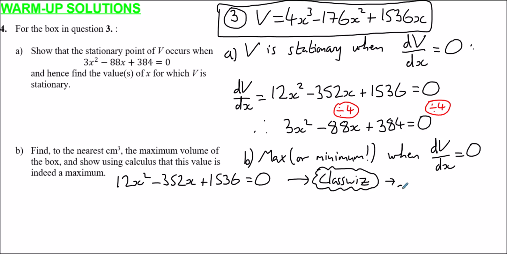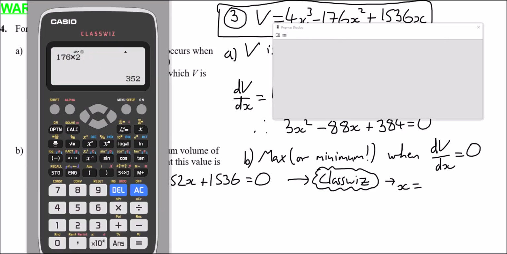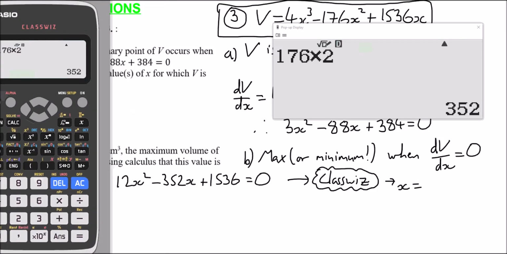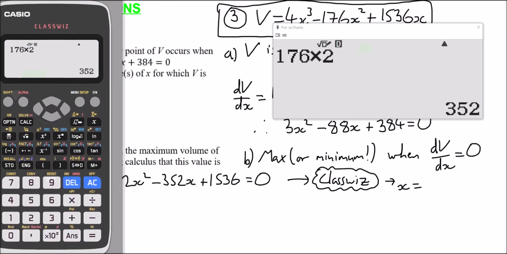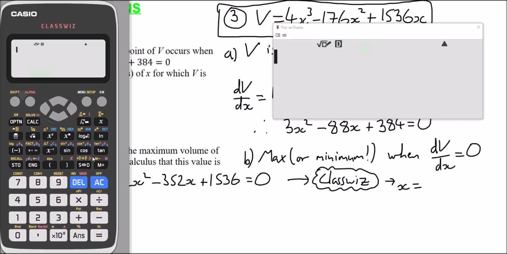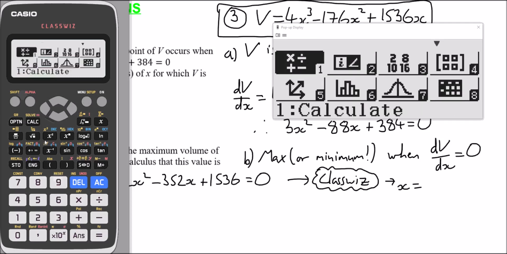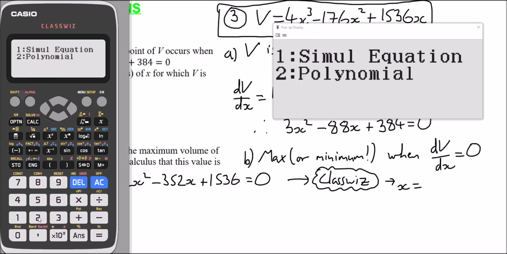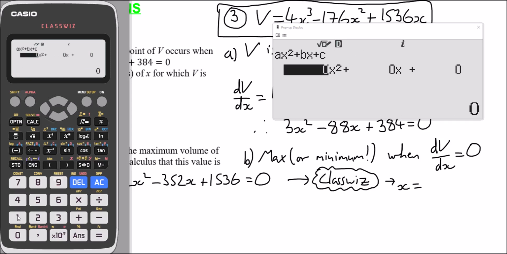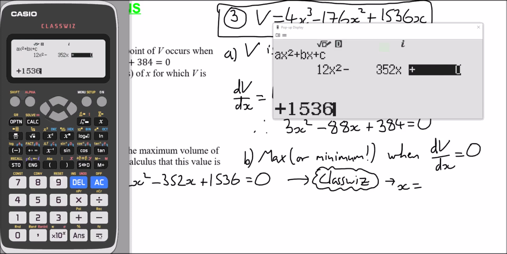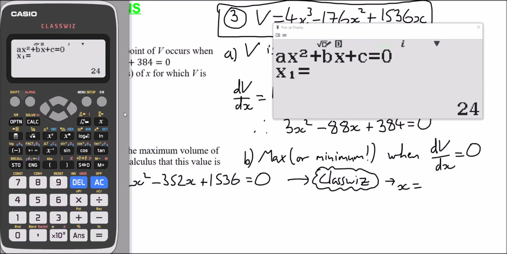I'll move this to one side so you can see the screen properly. So we go menu, option A, mode 2, then 2 again. Type in 12 for the x squared term, minus 352 for the x term, and then the constant is positive 1536. Press equals and then equals again.